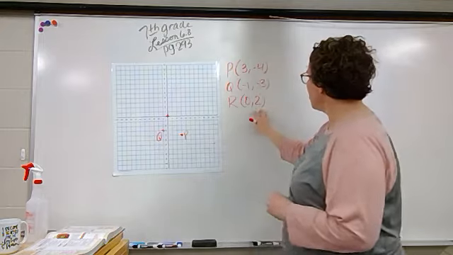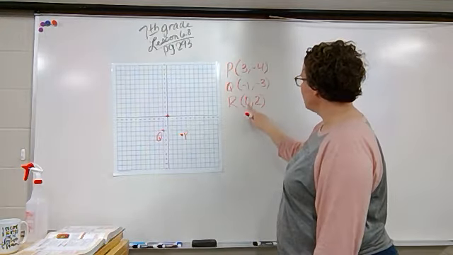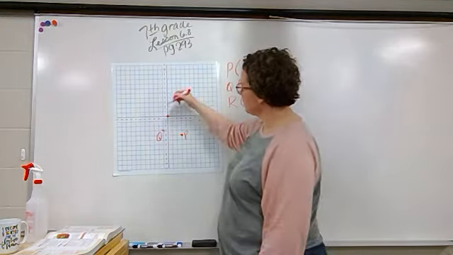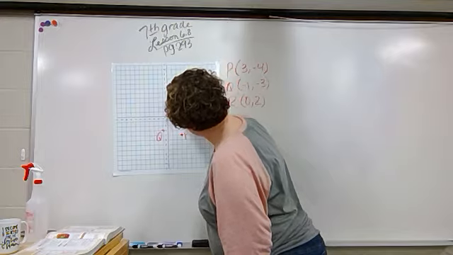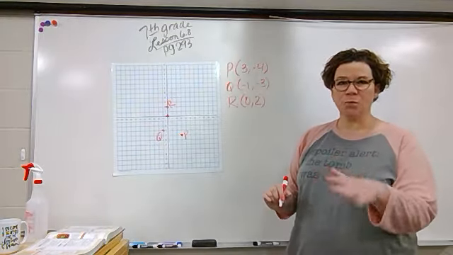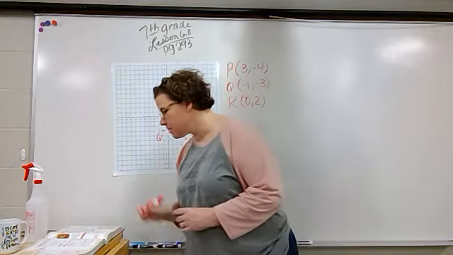And then point R is 0, but up 2. So I'm going to start at 0 on my x, which is right here at the origin. And I'm not going to move this way or this way. I'm going to go up 2 points. And this is going to be my R. Okay? Rewind this and watch it again if you have any questions.